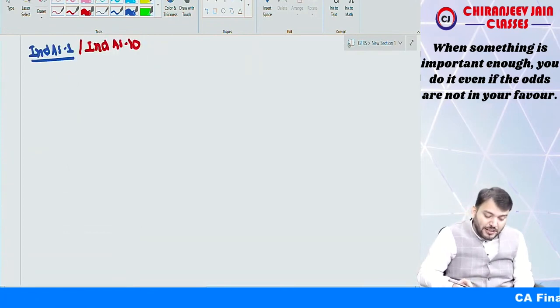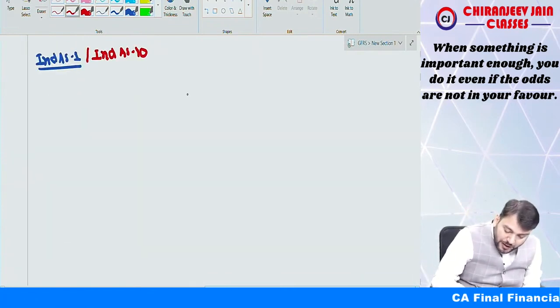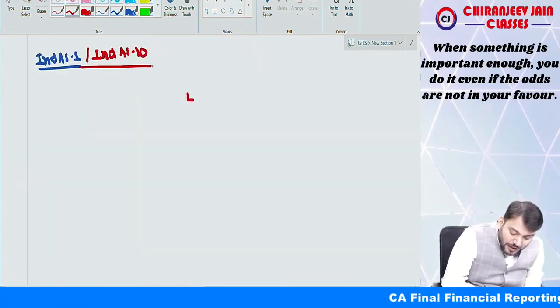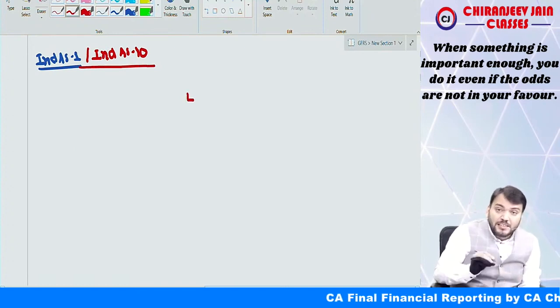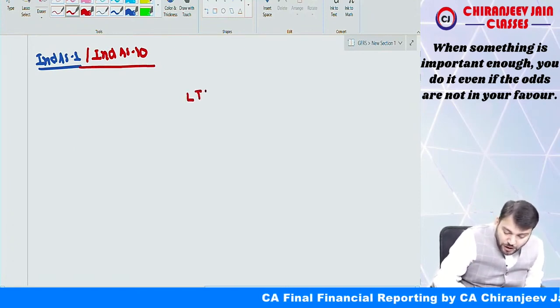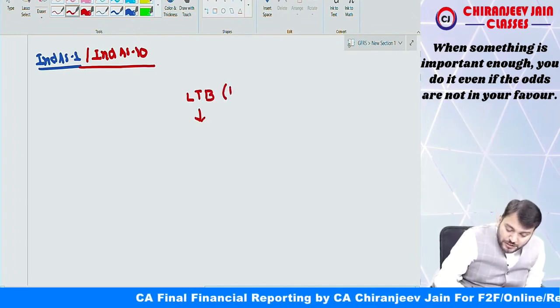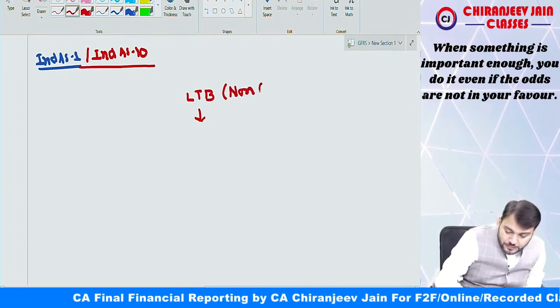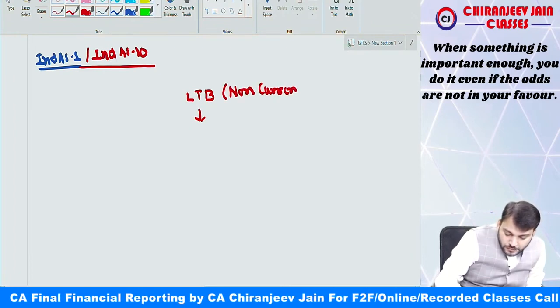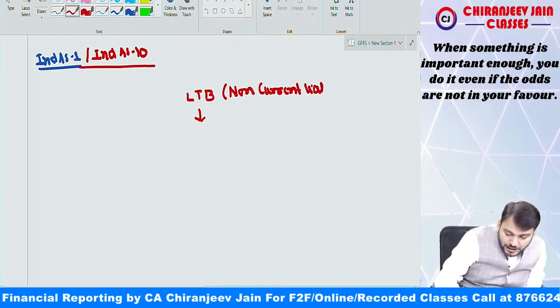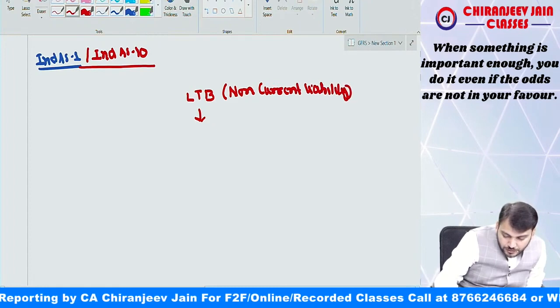So what do they want to say? If I conclude as per Ind AS 1 and Ind AS 10, whenever there is a long-term borrowing, long-term borrowing means non-current liability. Correct.